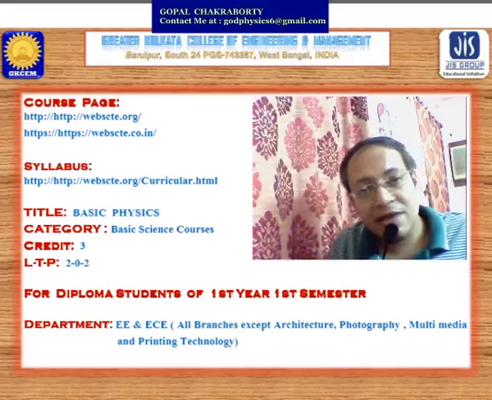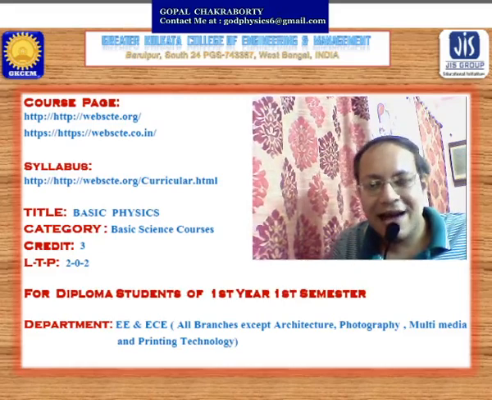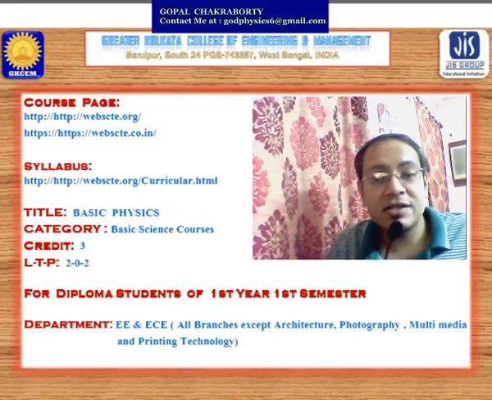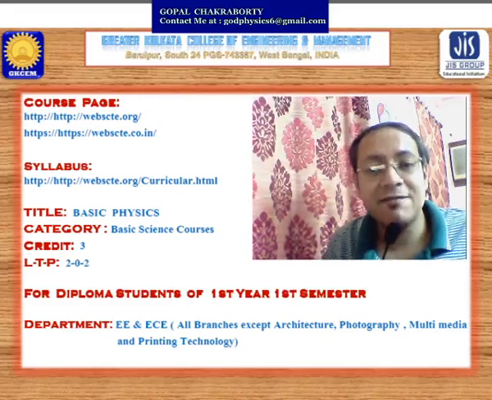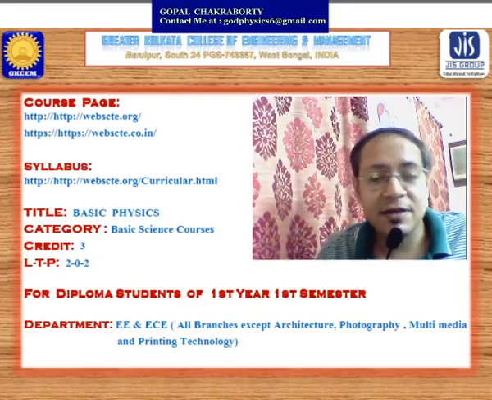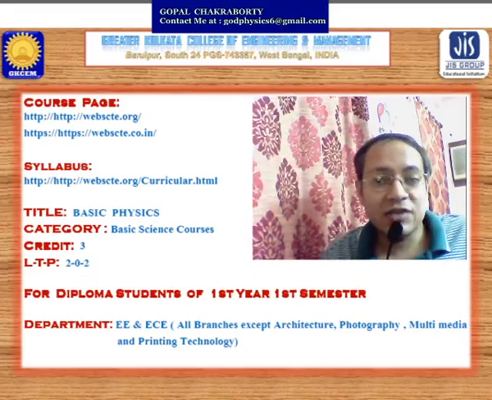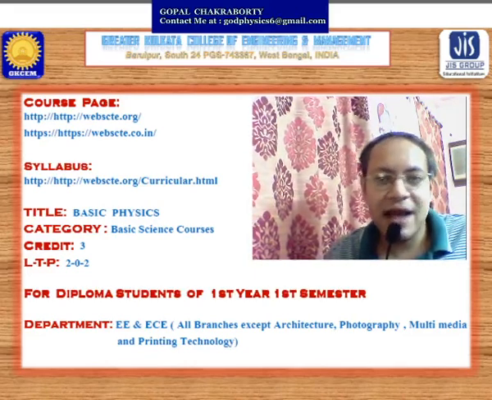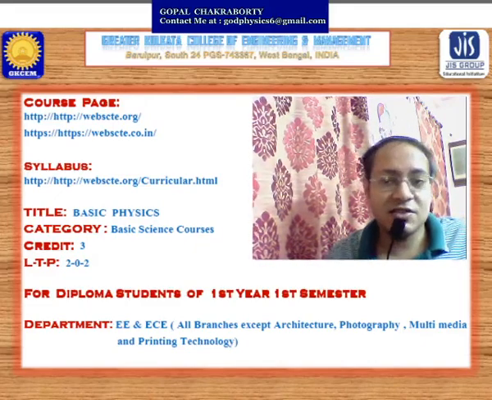All branches except architecture, photography, multimedia and printing technology have to study this subject as part of their curriculum. In our college, we have only electrical and electronics and communication departments, so these two departmental students will study Basic Physics in their first year, first semester.